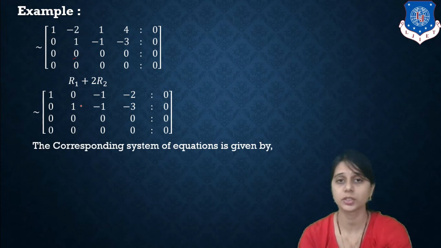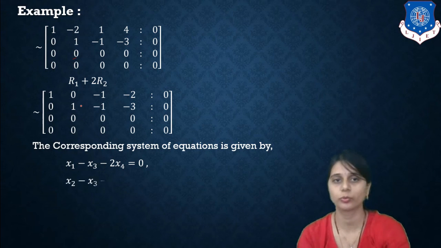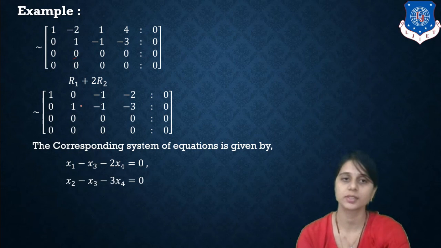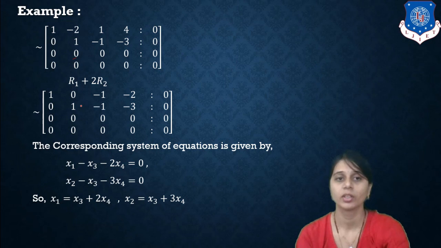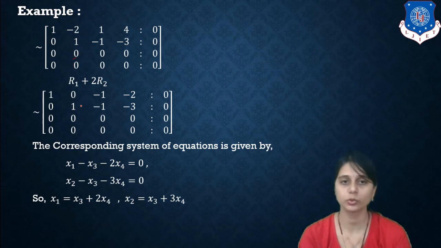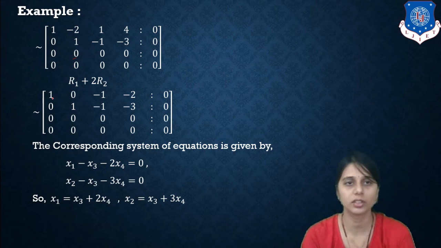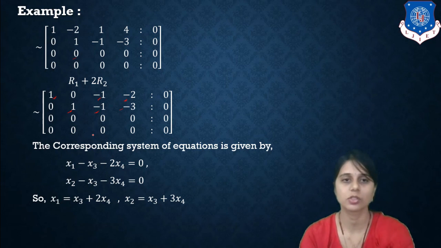The corresponding system has x1 minus x3 minus 2x4 equal to 0 and x2 minus x3 minus 3x4 equal to 0, so x1 equal to x3 plus 2x4 and x2 equal to x3 plus 3x4, because x1 and x2 depend on x3 and x4. All the other entries of the coefficients are 0.